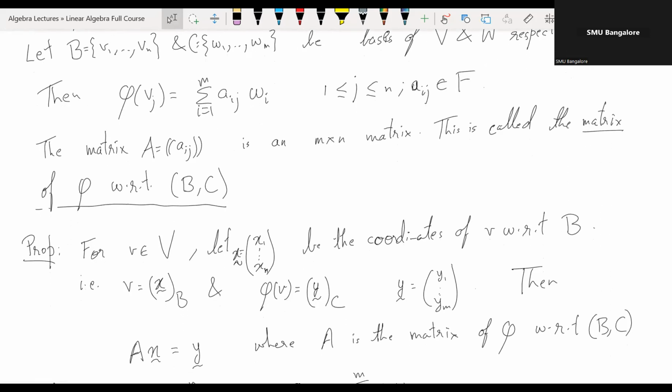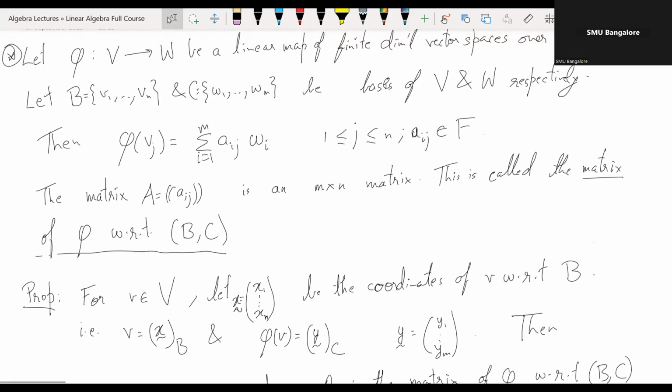More precisely, let V be a vector in the vector space V, and let x be the coordinate of V with respect to B, written as a column vector. In our earlier notation, this precisely means that V is the summation of xi vi.